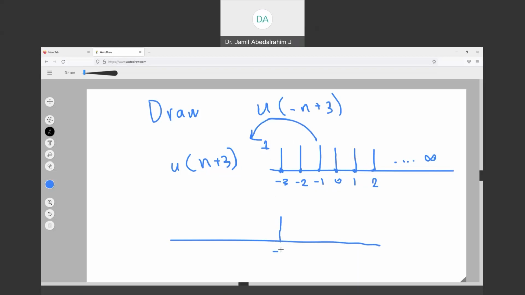So it will be like that: -3, -4, -5, -6. Okay, amplitude 1 until minus infinity.